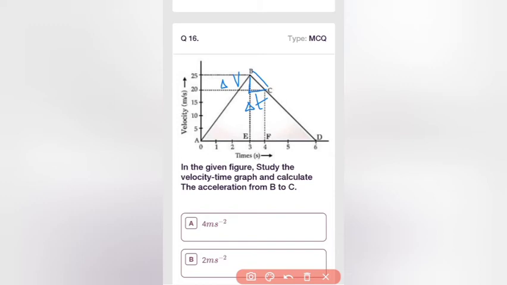So change in time will be 1 second and change in velocity is 5 meter per second. So acceleration is going to be delta V by delta T, which is equal to 5 meter per second per 1, which means 5 meter per second square is the answer.